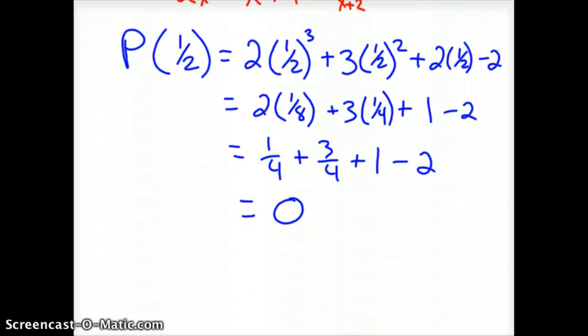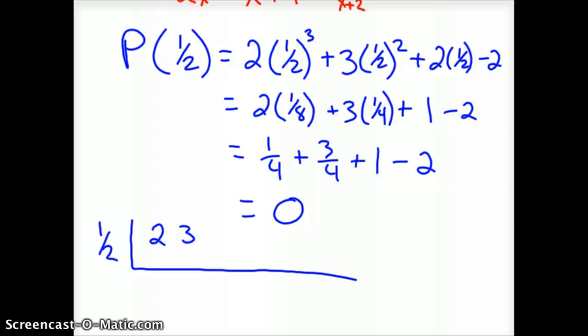So let's go ahead and do synthetic division on it. Same thing. You'd have 1/2 for your root. It goes 2, 3, 2, negative 2. We're going to divide. And so you bring down your 2. 2 times 1/2 is 1. Add down, that's, I'm sorry, that's 4. 4 times 1/2 is 2.